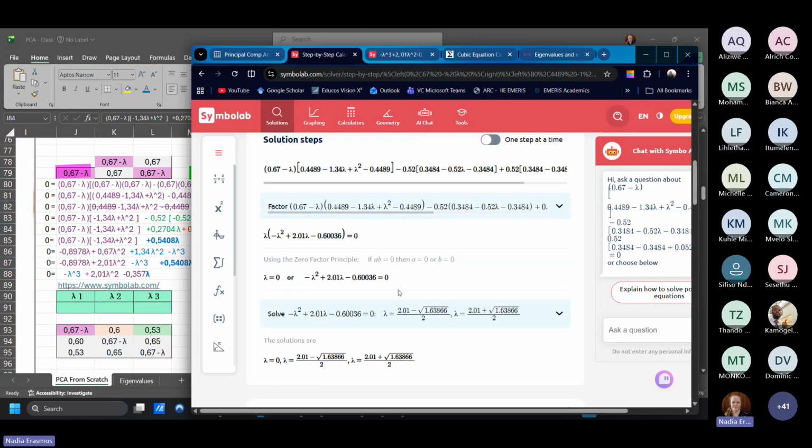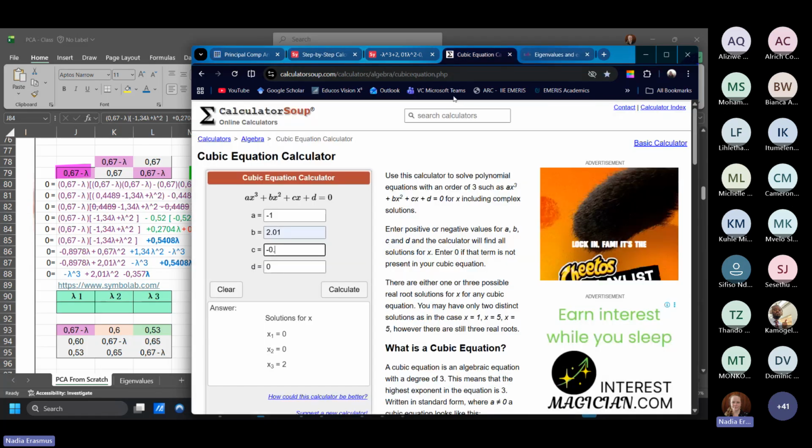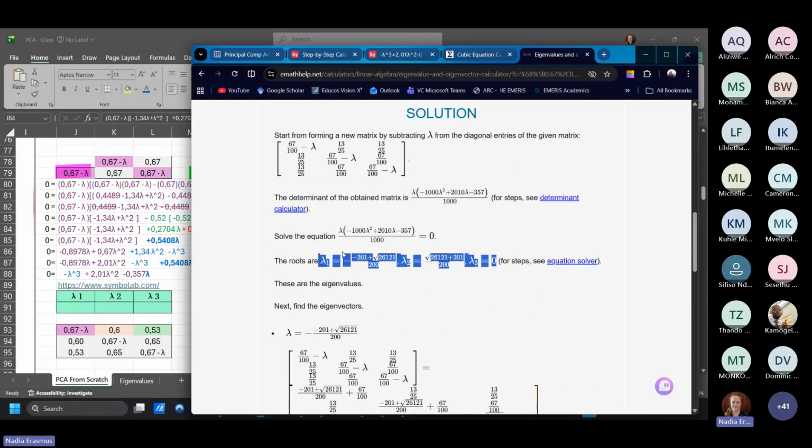Okay, but you guys can also use this Symbolab for that one then. Just don't know where the, oh, it could be rounding errors. Okay, but let's see this one. If I add, this one doesn't have that step, right?